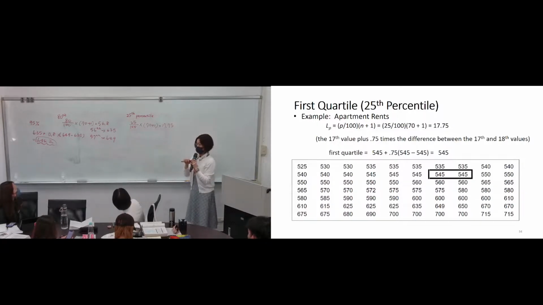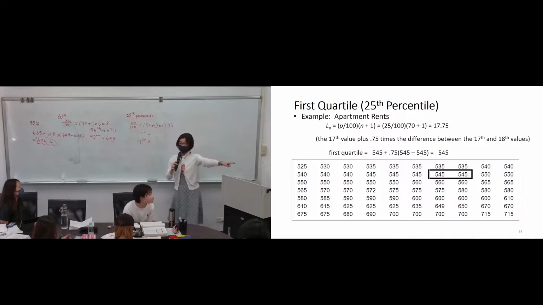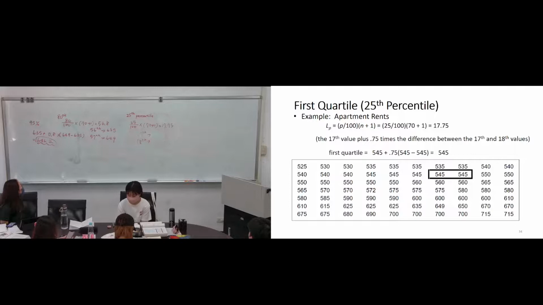So we should find the 17th value and the 18th value. From the slide, the 17th is 545, and the 18th is 545 as well.